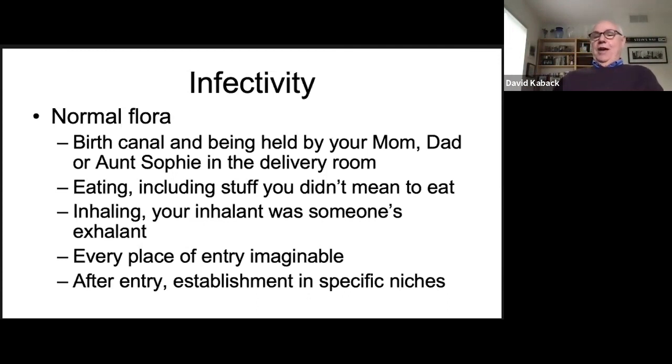Remember that whatever you're inhaling is something that likely was exhaled by somebody else, at least part of it. And hopefully any particulate matter and any droplets have sunk to the ground by the time you've inhaled it. On the other hand, as we know, that isn't always the case, and we have to be careful and wear our masks when we're in public now. So basically, normal flora is virtually everywhere.